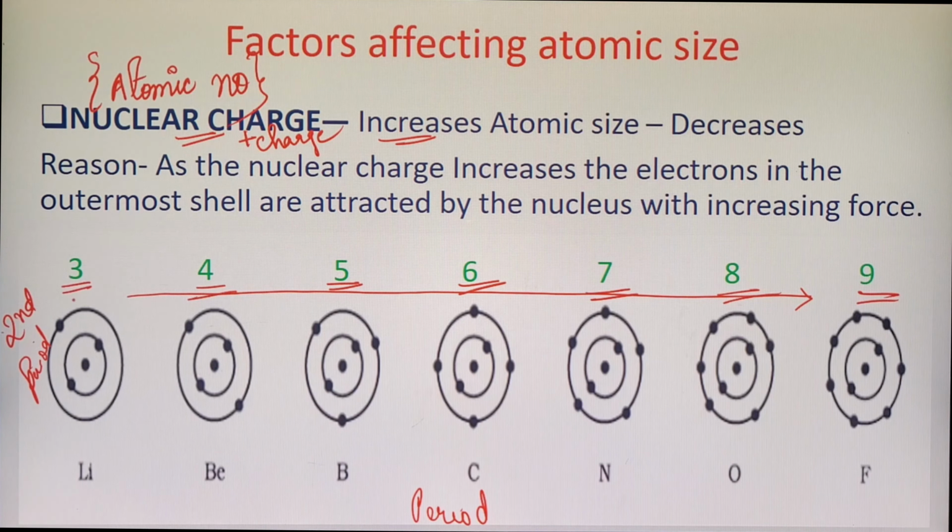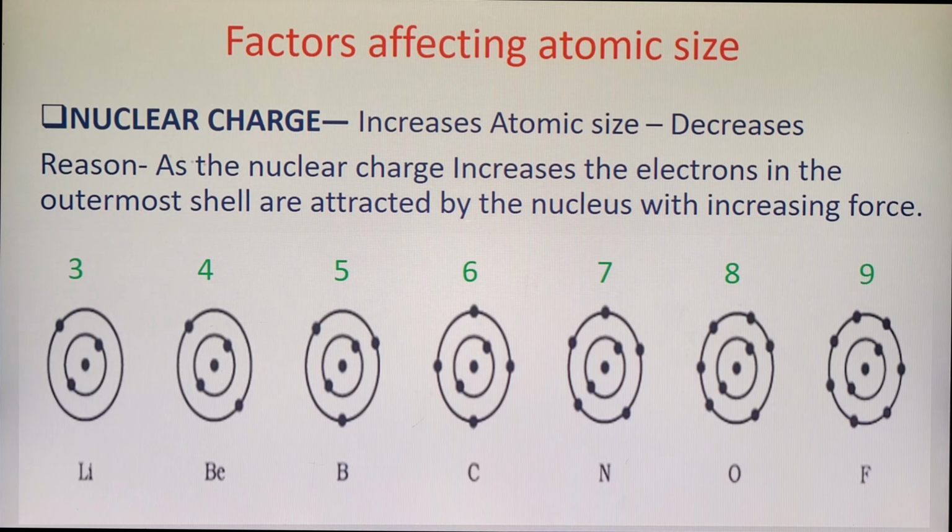When I say the atomic number is increasing, I mean the number of protons in lithium is 3, in beryllium is 4, in boron is 5, in carbon is 6, in nitrogen is 7, in oxygen is 8, in fluorine is 9. Clear? So as the atomic number increases, can I say the nucleus is becoming more and more powerful? Okay?